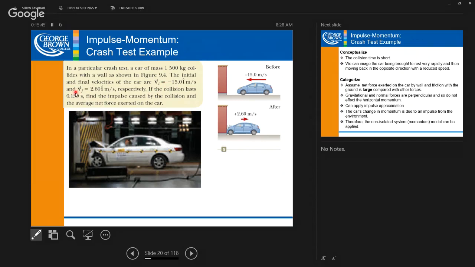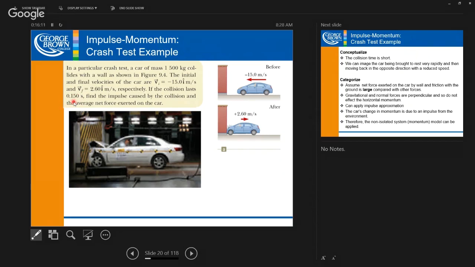And a velocity final of 2.6 meters per second, respectively. So it starts off negative, and then it bounces back at 2.6 meters per second. You have the initial velocity, which is up here, and the final velocity, which is here. If the collision lasts for 0.15 seconds, that's a long collision. 0.15 seconds is like 150 milliseconds, right?